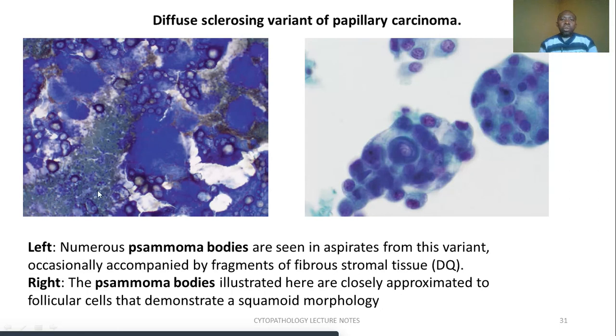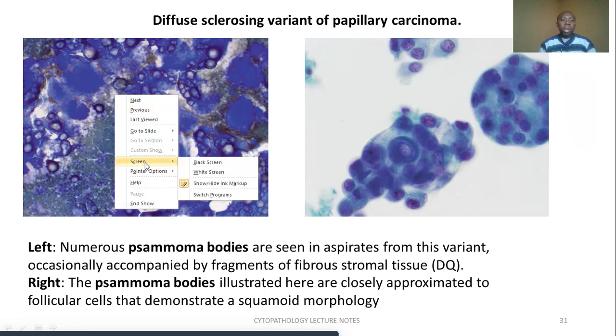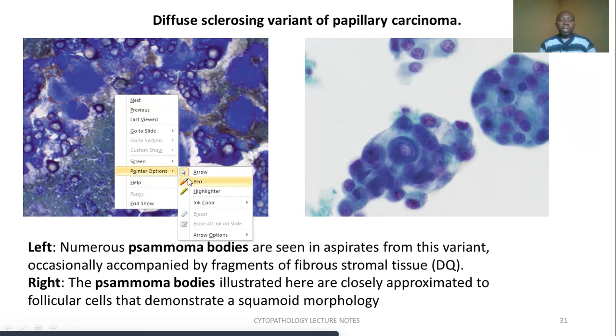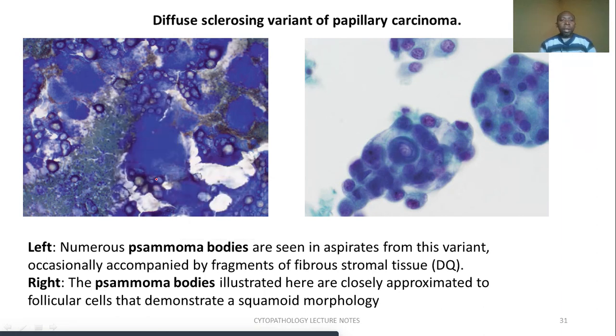So we have still other variants of these psammoma bodies. Like in this image, we now have different sizes. Here they actually are small, but all these are psammoma bodies. We can appreciate the presence of psammoma bodies. These two here are psammoma bodies.